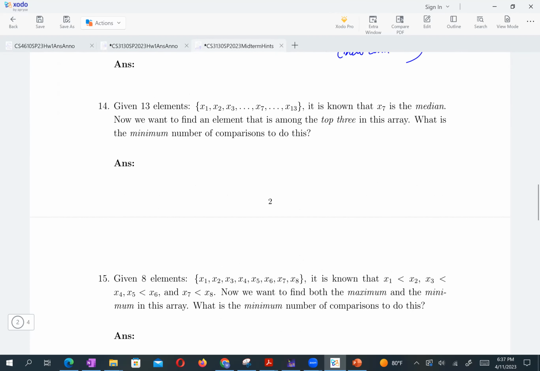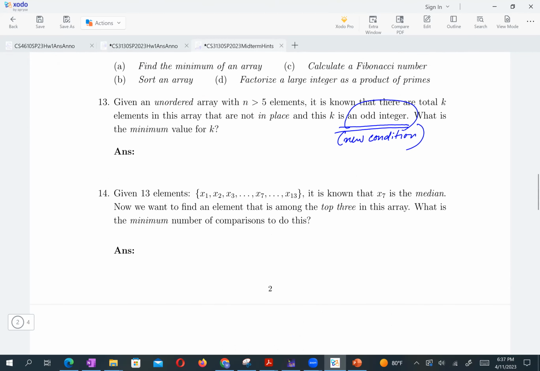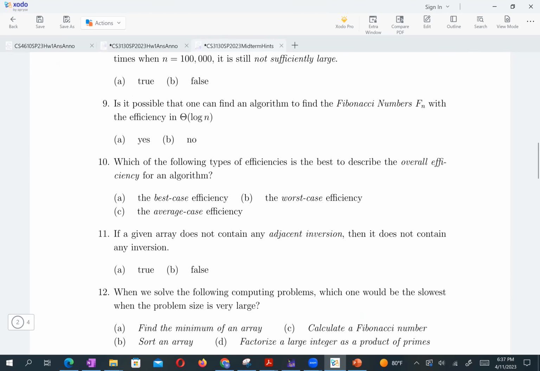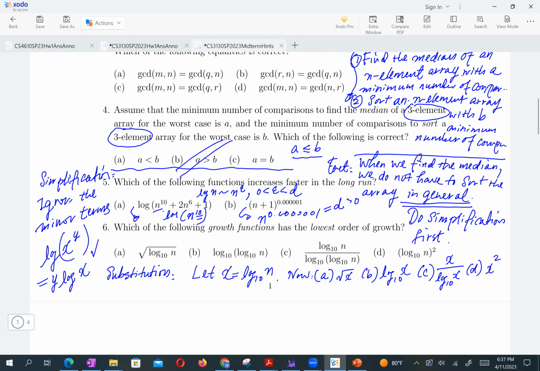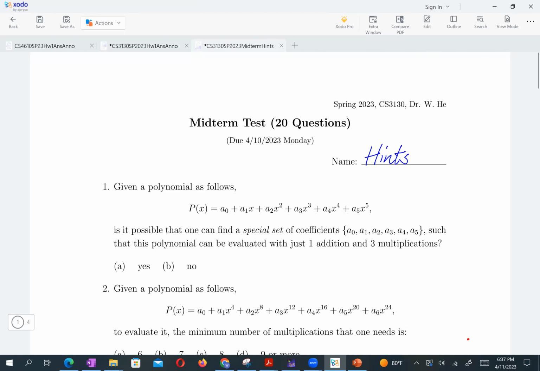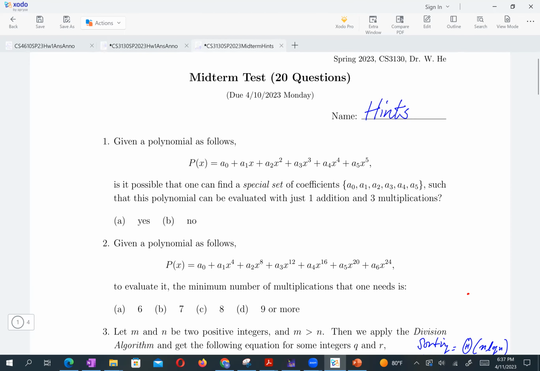You can see most of these questions are similar to our homework questions. So that's the reason I do not need to go through them. Number one, all right. So Maria, number one. Special set of coefficients. Not the general, special.